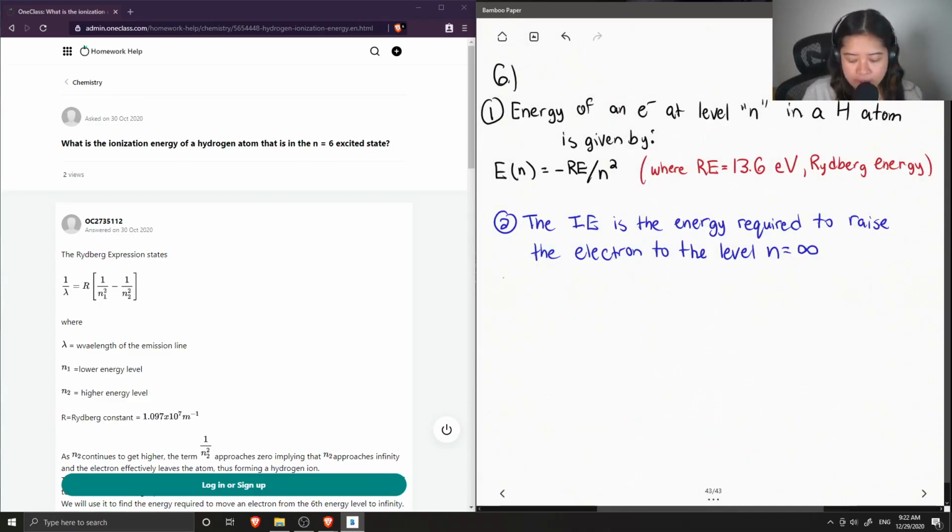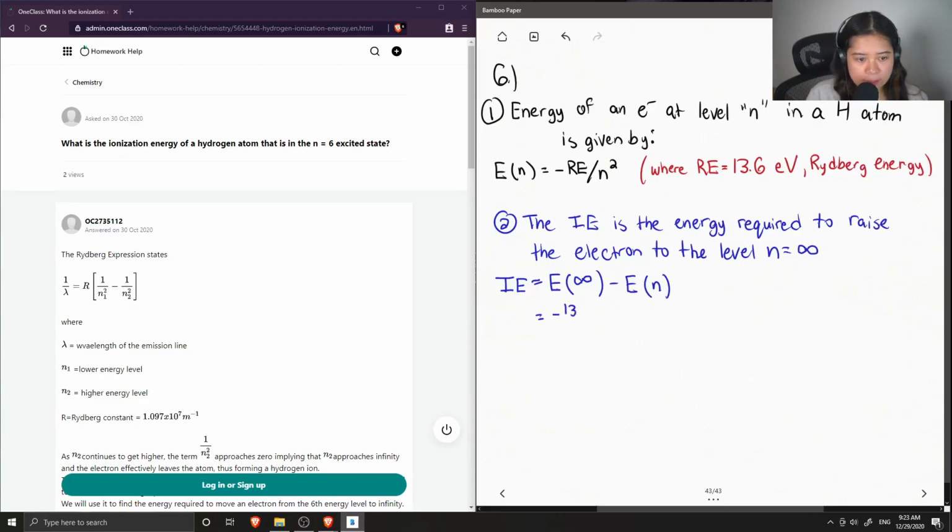So I'll kind of show what this would look like if we wanted to solve for ionization energy. This is equal to the energy of the electron at level infinity minus the energy of an electron at level n. So let's sub in our equations from the first step.